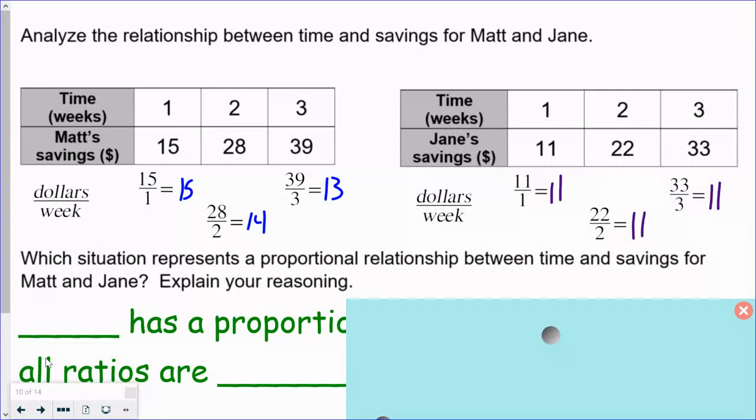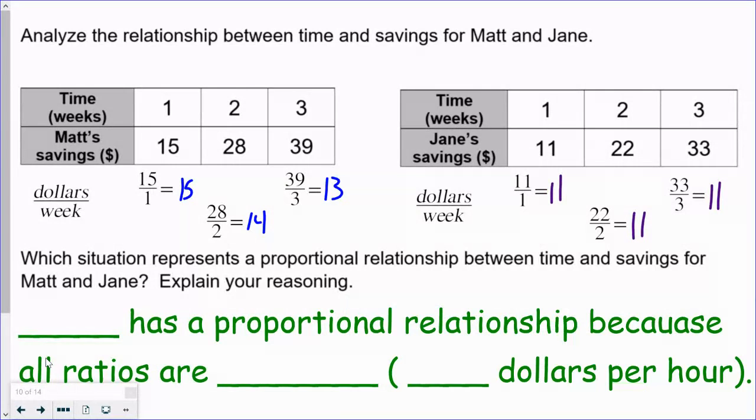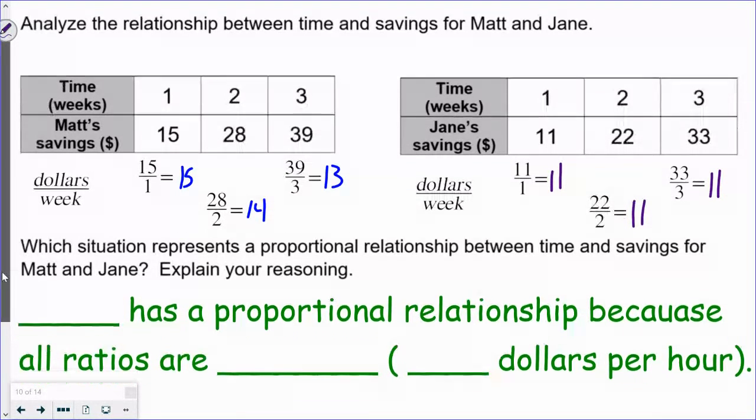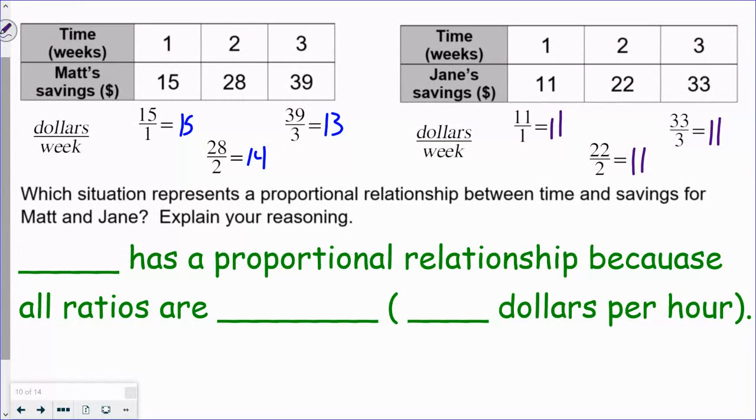That's a key definition of a proportional relationship. So which one would we say is proportional? And explain our reasoning. We would say that Jane has a proportional relationship because all the ratios are equal.